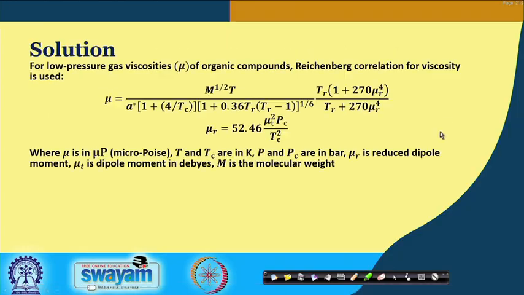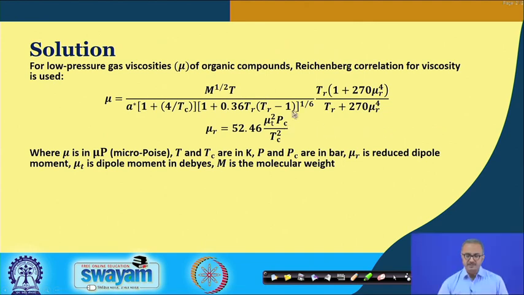Now going to the solution, first we have to find the appropriate source data, and I have given you the names of the books from which we have collected these correlations. You find that this is one correlation for the viscosity, and this correlation was proposed by Reichenberg. So we are using this correlation to find the viscosity of the gas, and here you see that in this correlation we need the value of the critical temperature.